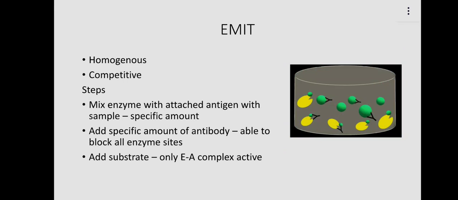So the final step is addition of the substrate, and the substrate will only be acted upon by the free complex or the free labeled enzyme. So the one that is bound to the antibody will not be active, only the unbound or the uncomplexed enzyme will act on the substrate.